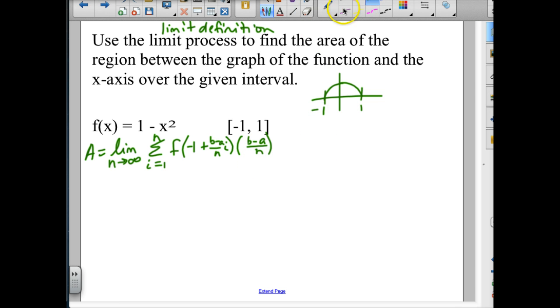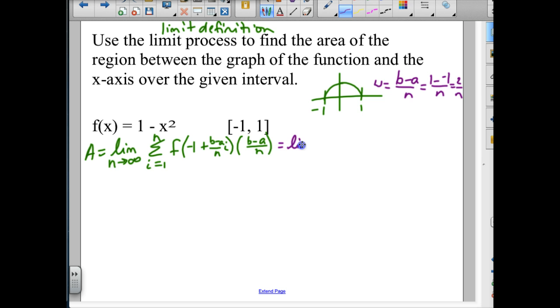B minus a, in this case, that's the width of our rectangle, is 1 minus -1. We don't know how many intervals, so we're going to keep it as an n. So 2 over n is our width.